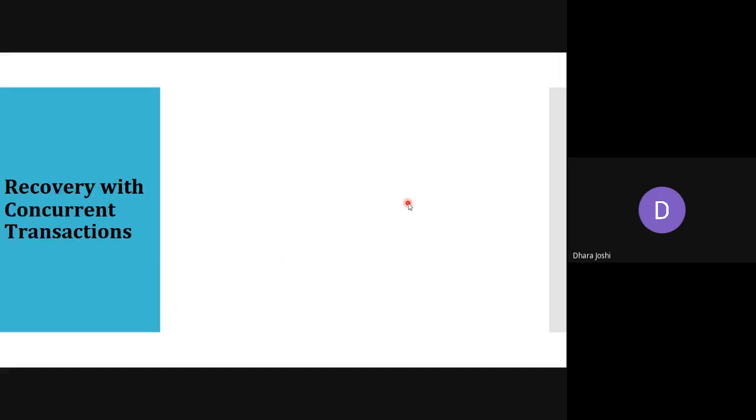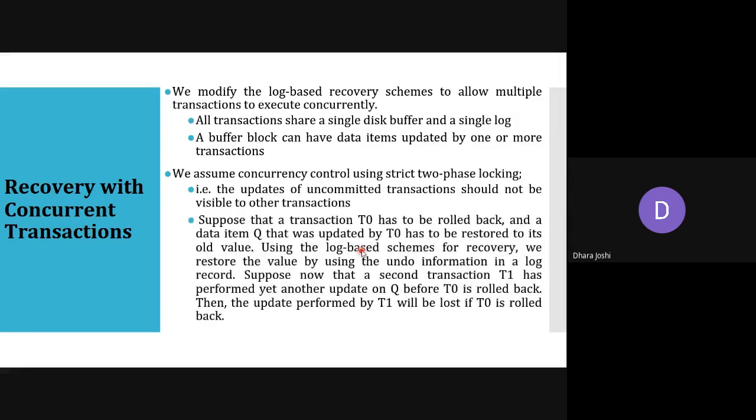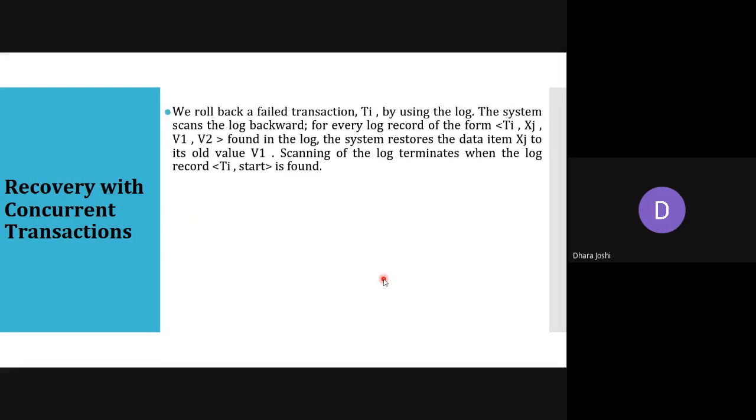After that, we saw what recovery with concurrent transactions is. If we have T0 and T1 and recovery happens, what do we need to do? We need to take care that the transactions which have committed have their values reflected properly into the database, and those which failed need to be recovered.